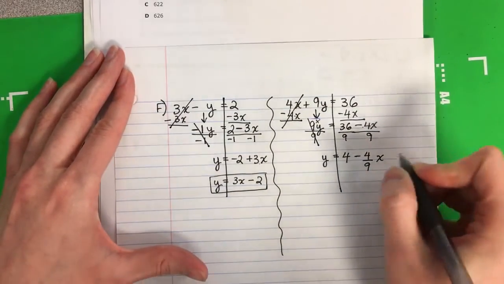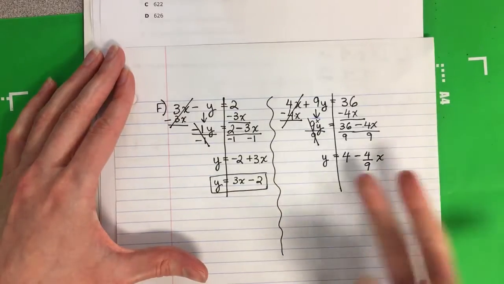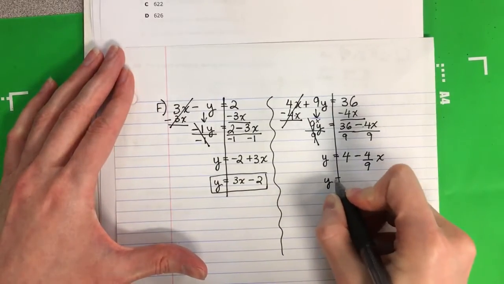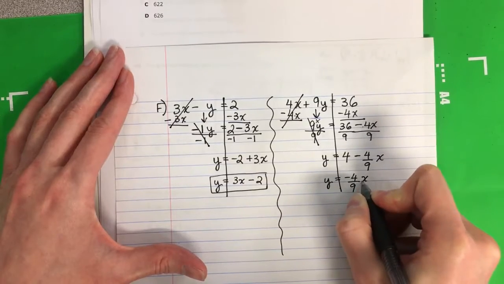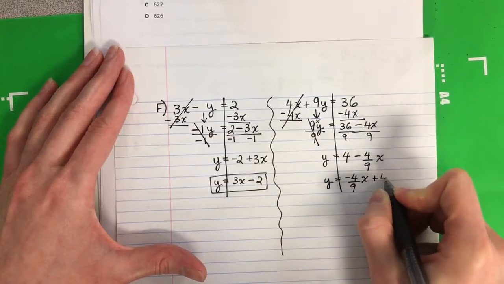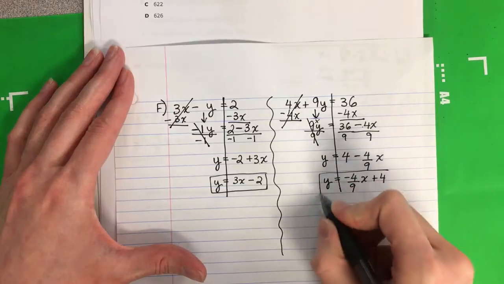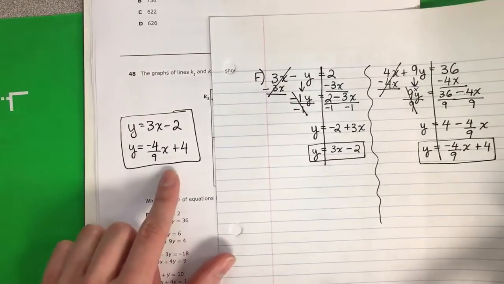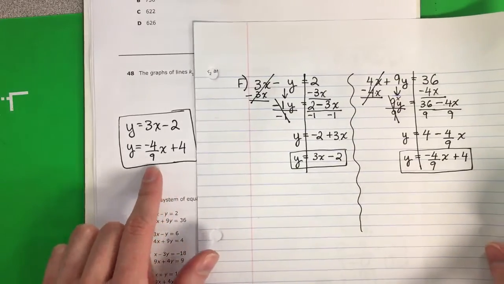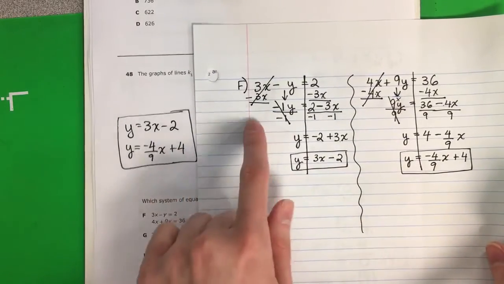Copy the x, and now we will need to switch. So y equals negative 4 divided by 9 x, and that's a positive 4. Let's see if that's the same. Yes, it looks like these are exactly the same. So my answer is F.